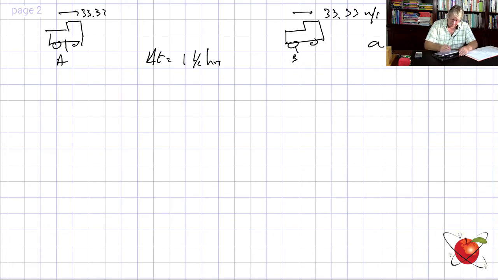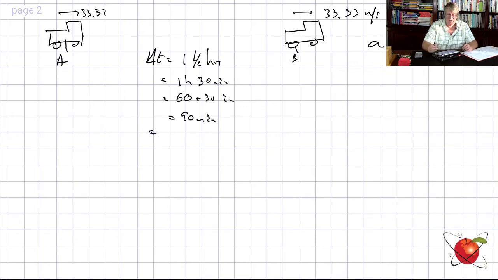Time, first of all: 1.5 hours is 1 hour and 30 minutes, which is 60 plus 30, which is 90 minutes. Minutes to seconds, times 60. So 90 times 60 is equal to 5,400 seconds.